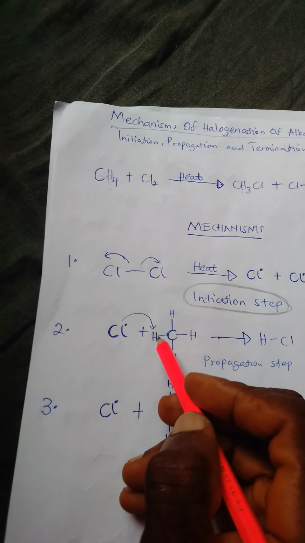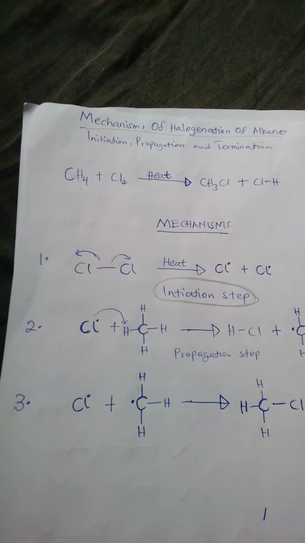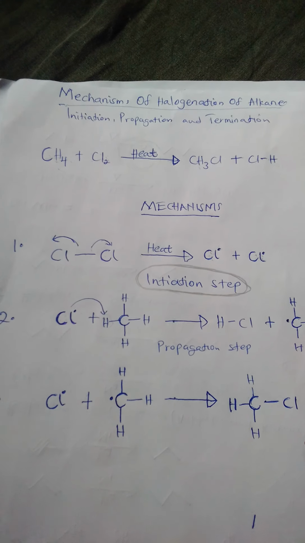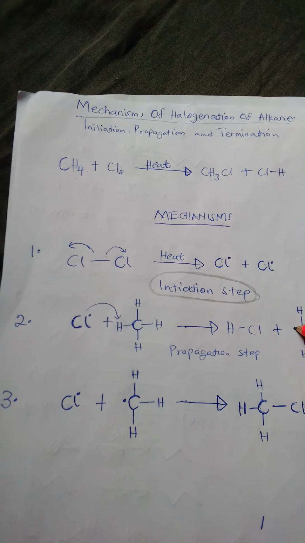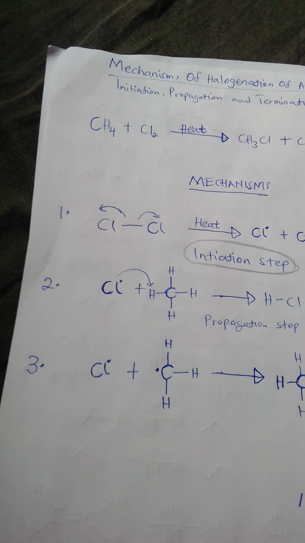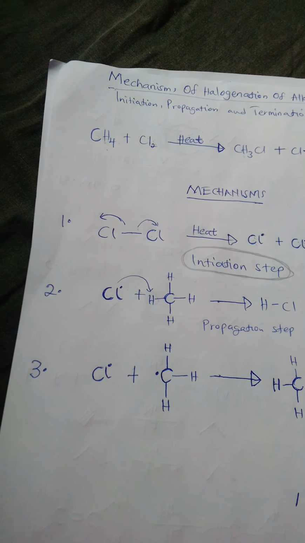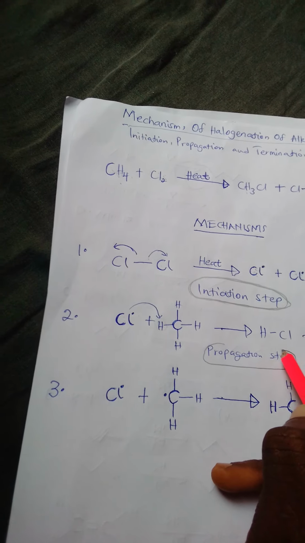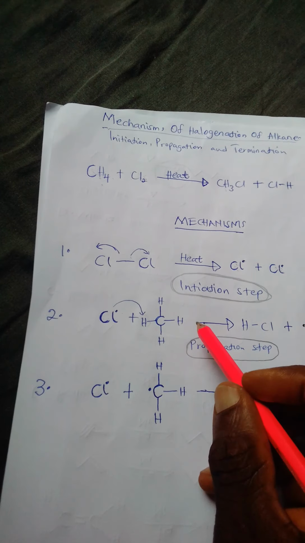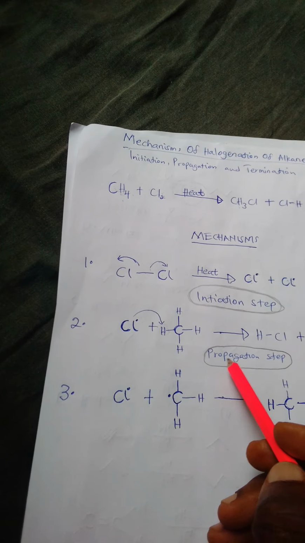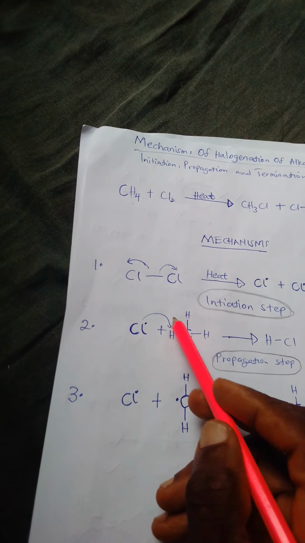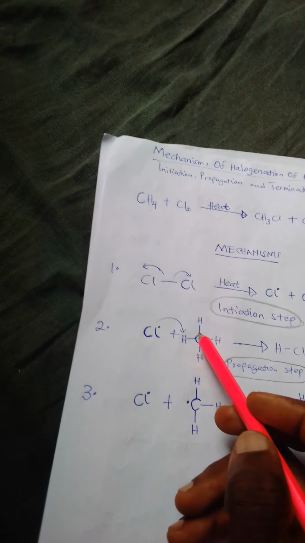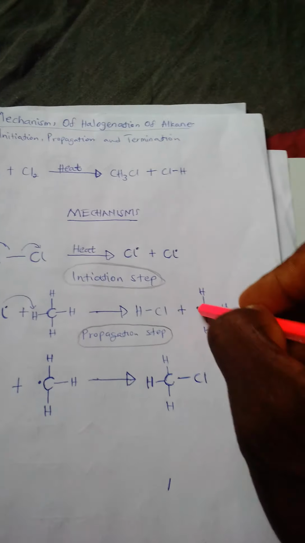Here it had 4 bonds, so when one hydrogen goes, we have 3 hydrogens, leaving a vacancy, and this is a radical. One of the chlorines has been used up. This second step, which involves the abstraction of the hydrogen by the chlorine radical, is called the propagation step. It propagates by removing one hydrogen from the methane, leaving the methane in its radical state.